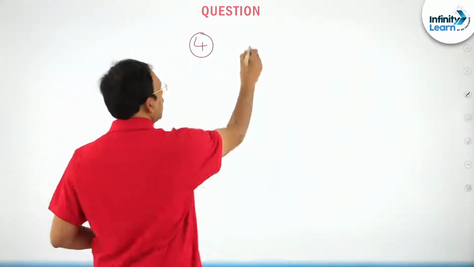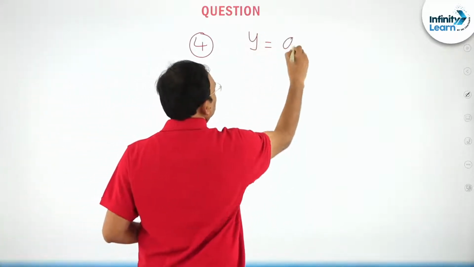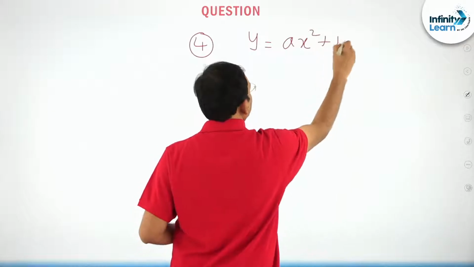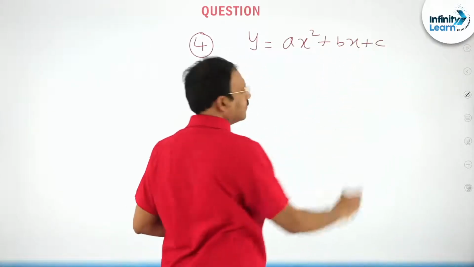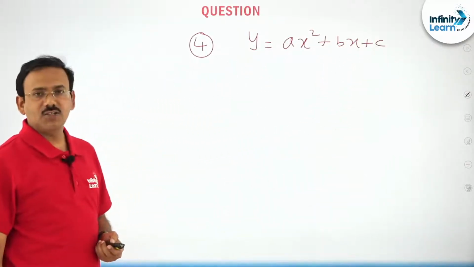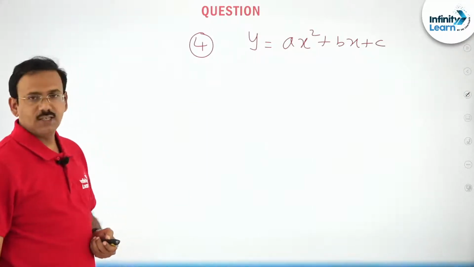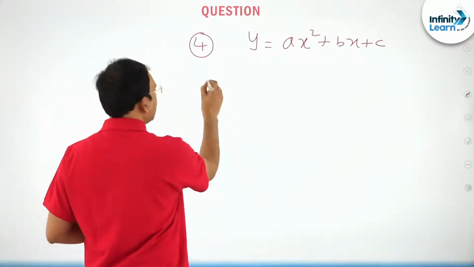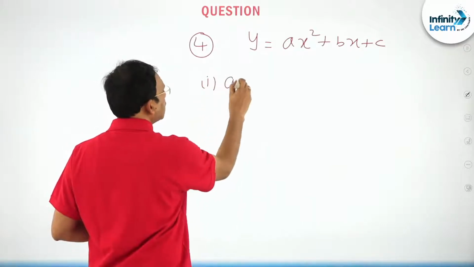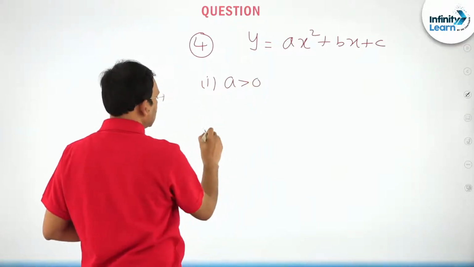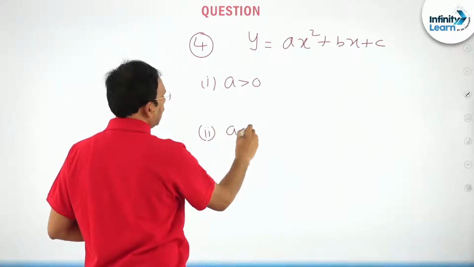You see, friends, if you are given y is equal to ax square plus bx plus c, without any restriction on x, what you can do is just observe whether a is positive or negative.